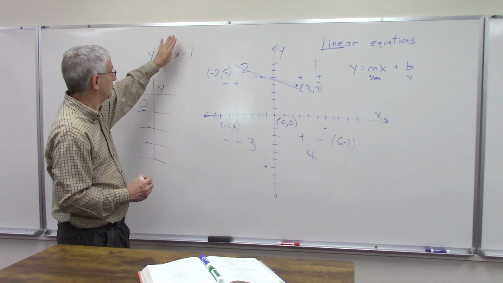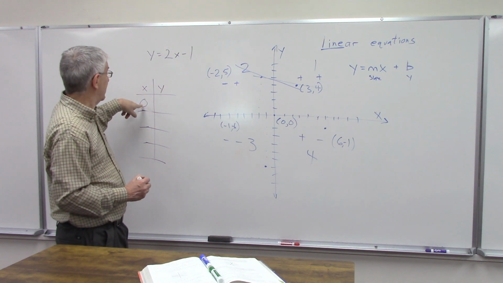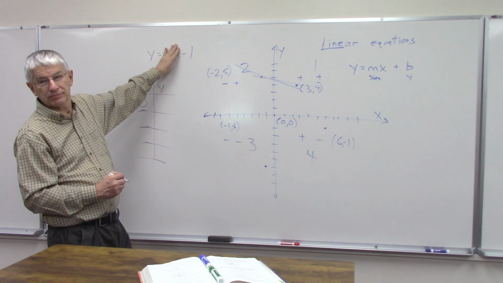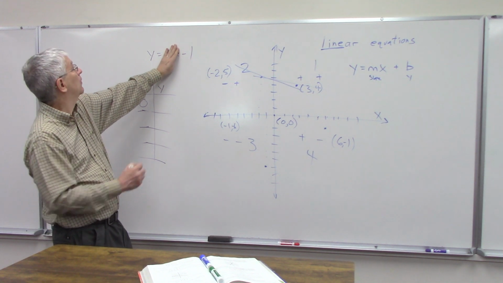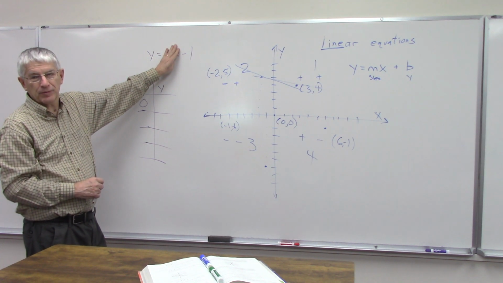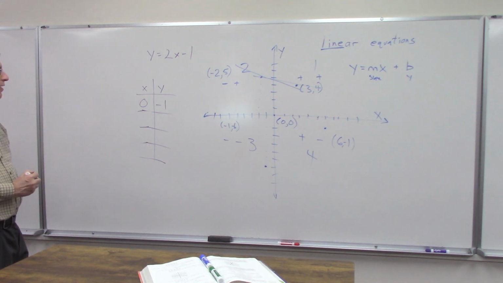Anything times 0 is obviously 0. So if x is 0, Melinda, what's y? 0, right? No. 0 minus 1, what's y? -1, right. So our value of y is -1.